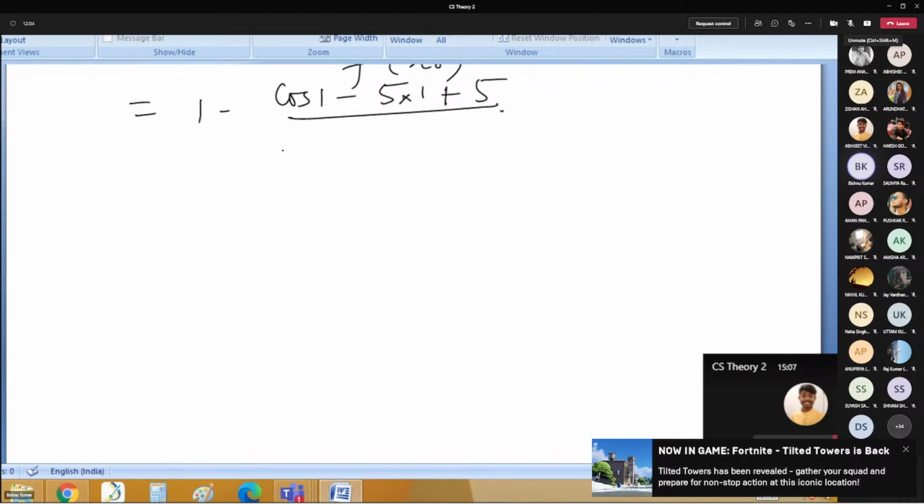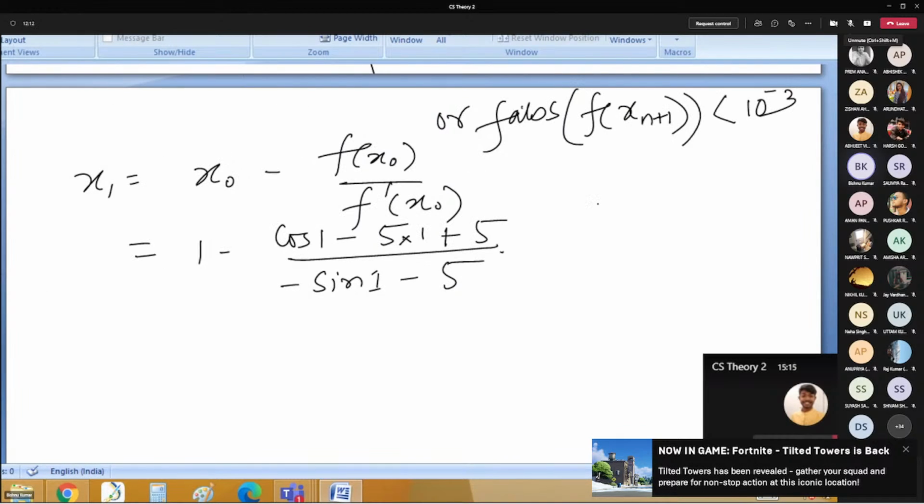So you put the values here: cos 1 minus 5 into 1 plus 5, by minus sin 1 minus 5. Can you calculate this?